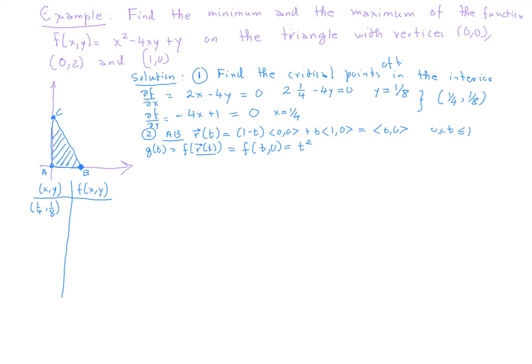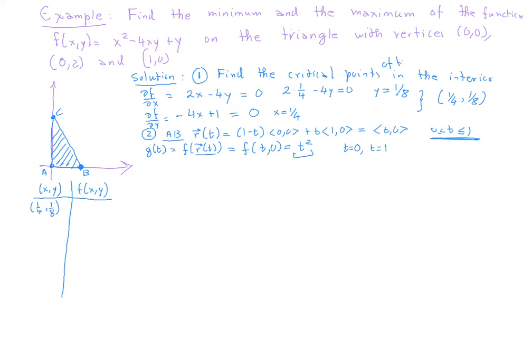So now it's as if you're back to calculus 1 and you have the function t squared, which is defined on the interval 0, 1. Somebody asks you, can you find the points at which this function could have a minimum and a maximum? And now your answer would have been that it could be the points t equals 0 or t equals 1, that's the endpoints.